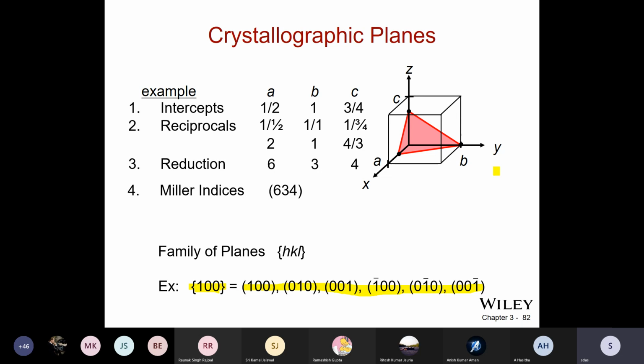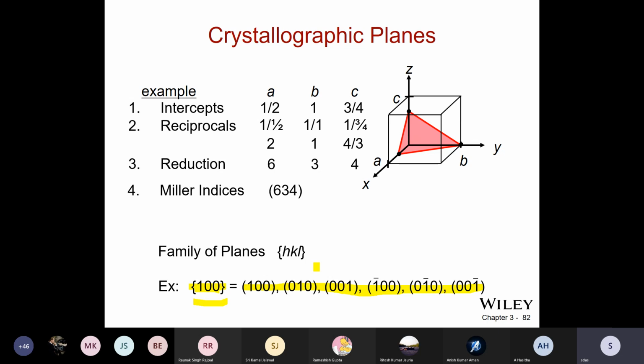Assume the C direction axis is longer. A equals B, but C is longer than A and B. So if I write {100} for a tetragonal system, it will mean only the (100) and (1bar00) plane. Nothing more than that.